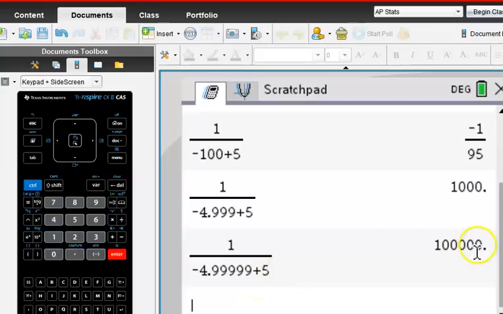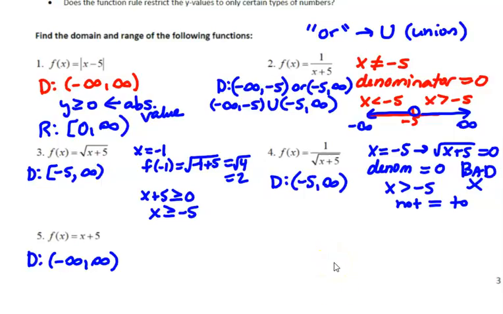So you can see that I can get all kinds of values for y, I just can't get 0. So we find out that our range is that y can equal anything except 0. So we say negative infinity to 0 union 0 to positive infinity. So there's the range.